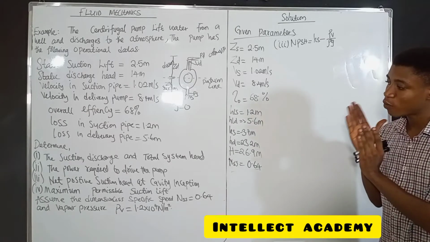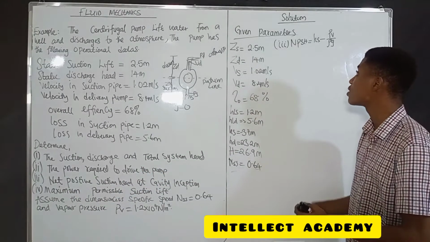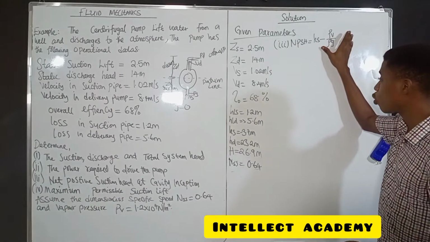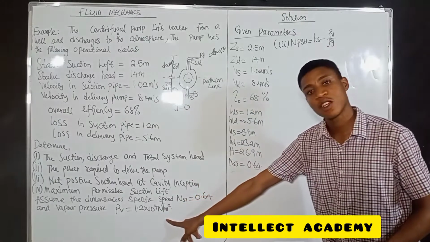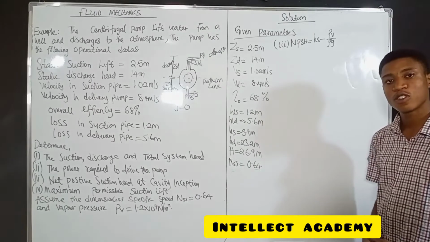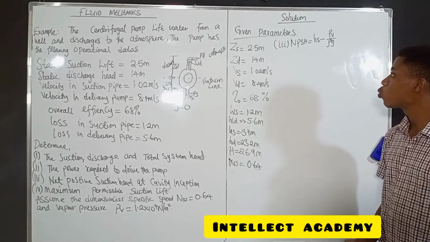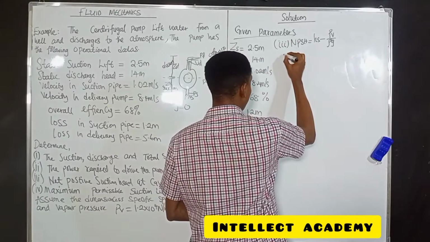They gave us the vapor pressure, which is 1.2 times 10 to the power 4 Newton per meter squared.